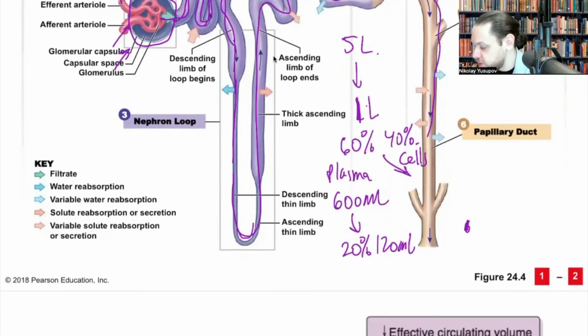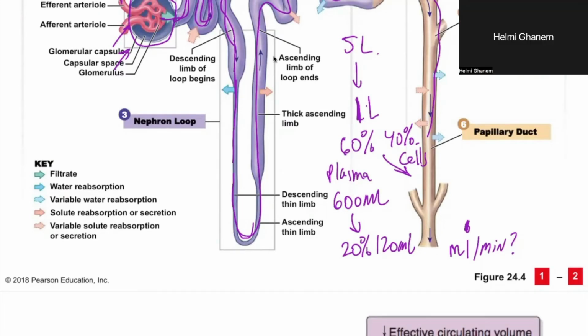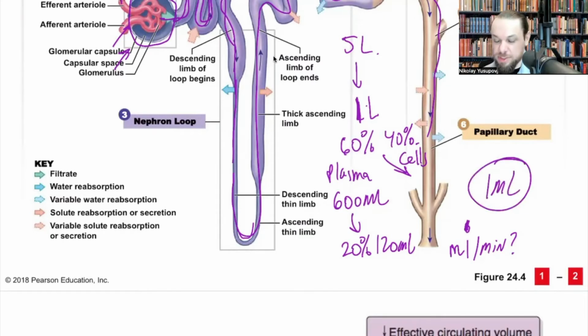How many ml per minute are you making of urine? You guys recall? 1 milliliter, 1 ml. And that comes out. We said in 24 hours, times 60, it was I think 1440 minutes in a day.